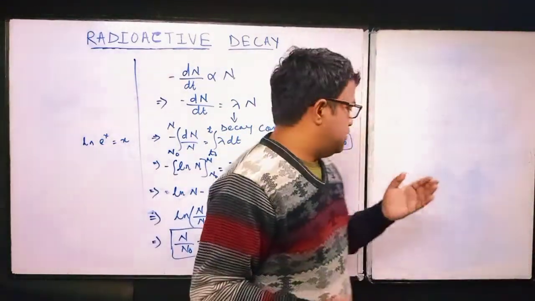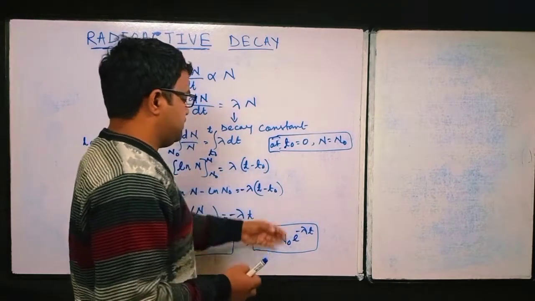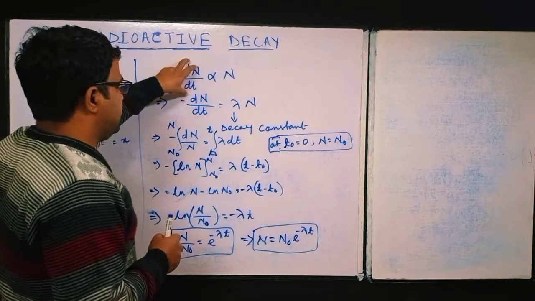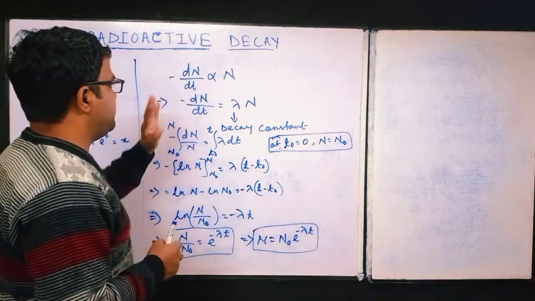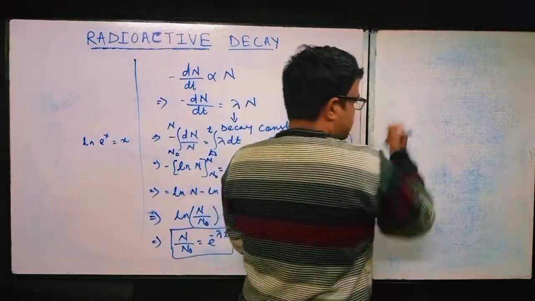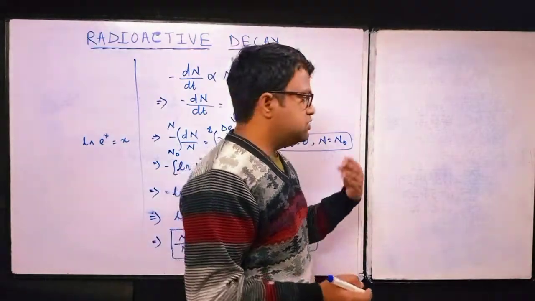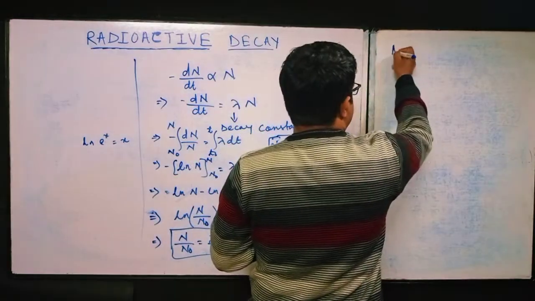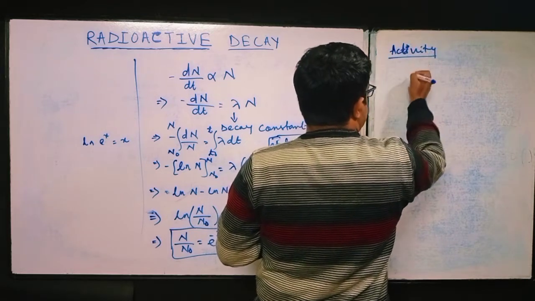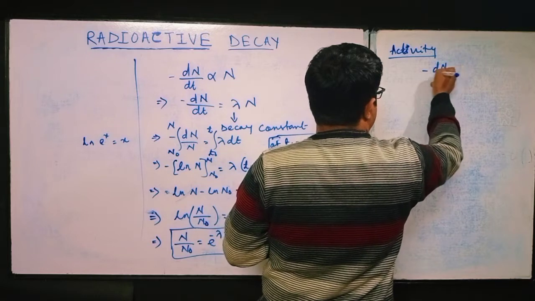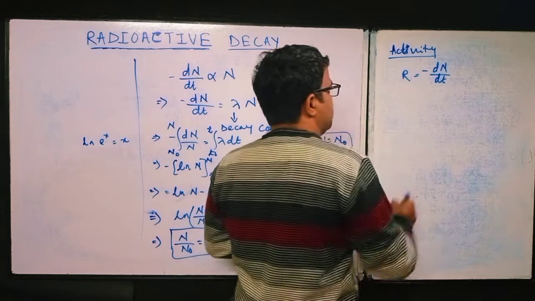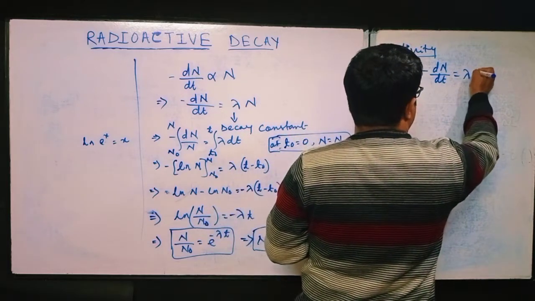Now we will introduce another variable, that is called activity. Activity is basically the rate of disintegration, that is minus dn by dt. Some books use the symbol A, some books use R. So let's say the activity is basically dn by dt, which we can write as R equal to lambda n.